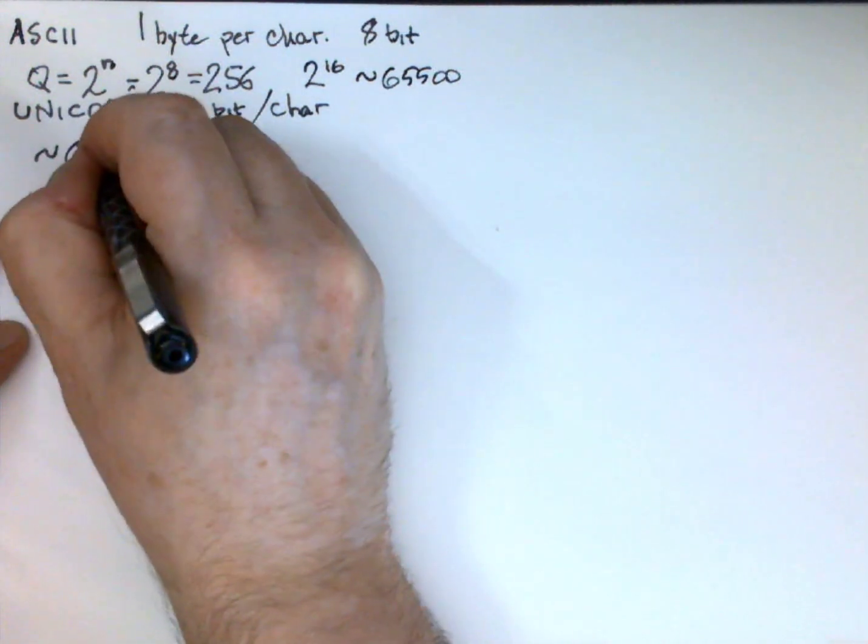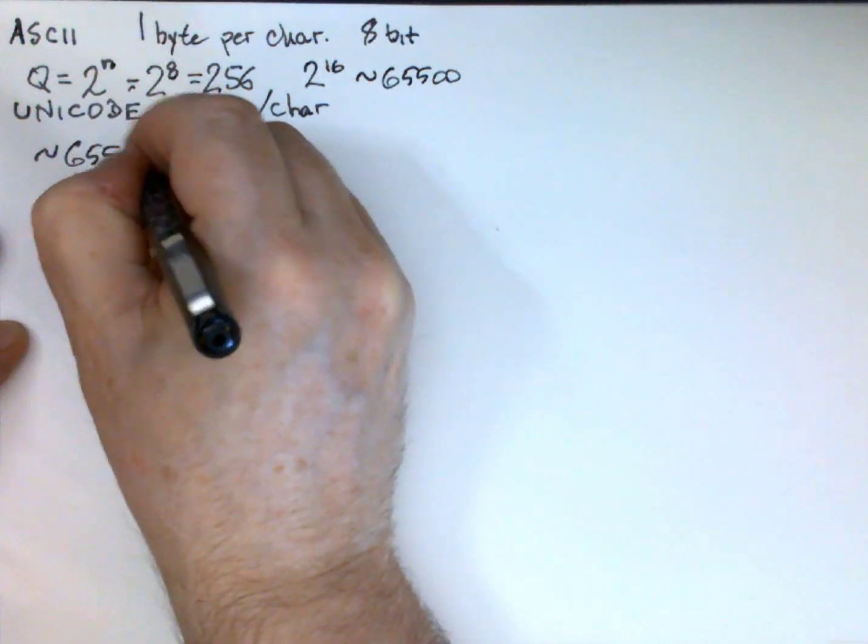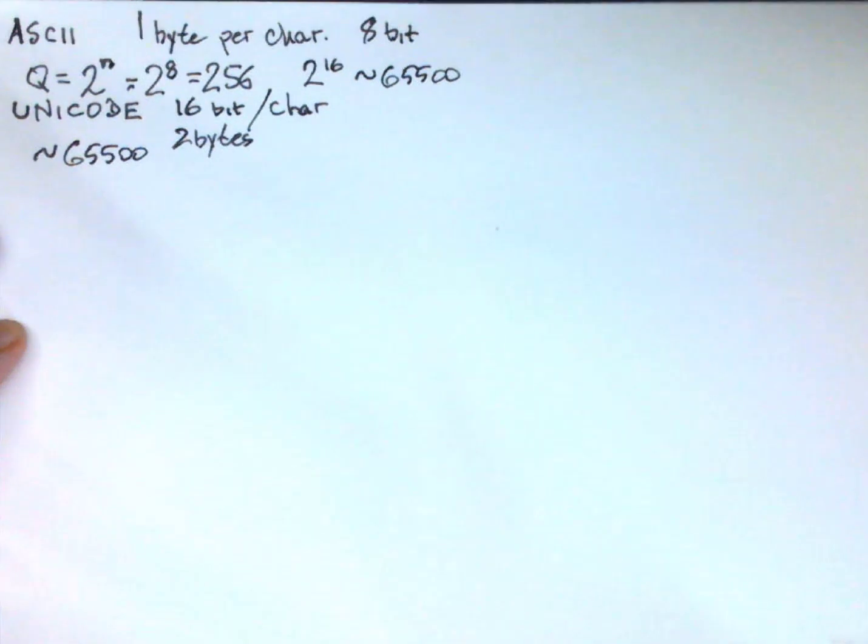So 65,500 symbols could be encoded in the Unicode system. Definitely it includes Chinese, Cantonese, and all non-Latin languages like African languages, Arabic, Hebrew, and so on.